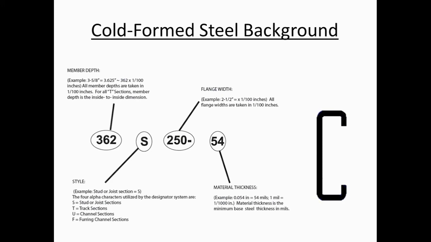We then look at the next series of numbers, which denotes the flange width, which in this case is a 2.5 inch flange, denoted with a 250. The last number in the sequence is the material thickness, which is in this case 54 mils. The number is given in mils. If you're an old guy like me, that's 16 gauge.